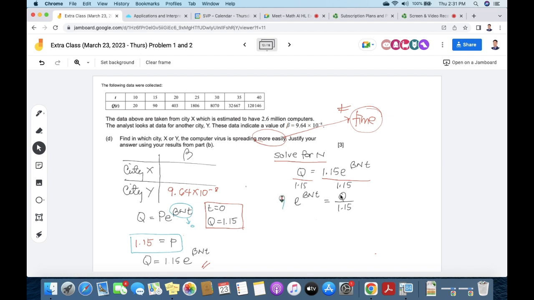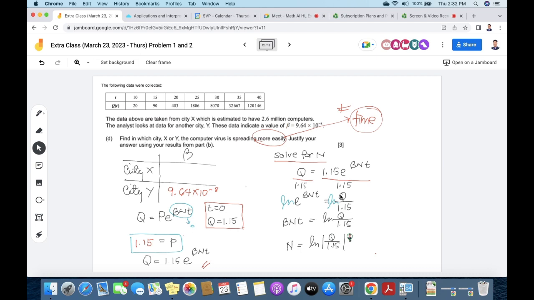ln. Very good. So this now becomes beta and t equal to ln of q over 1.15. How can I solve for the n? N is equal to what? Q over 1.15 divided by beta n, right?